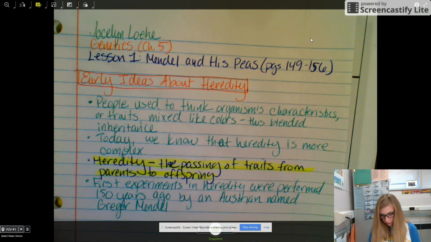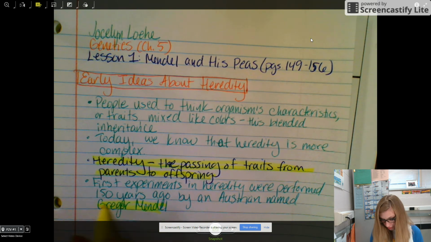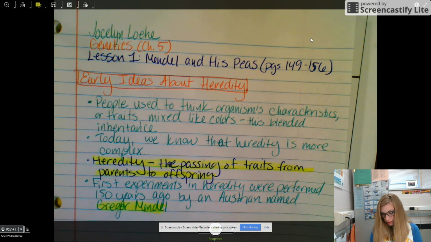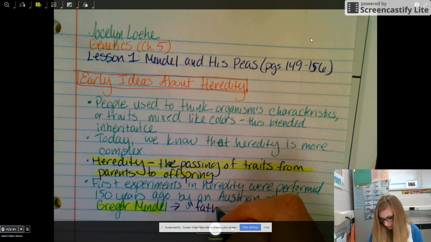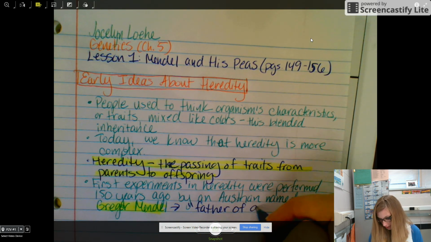And since this is important, I'm actually going to highlight his name so it stands out to me because I think it's important to know his name. And I'm going to put that he is the father of genetics.